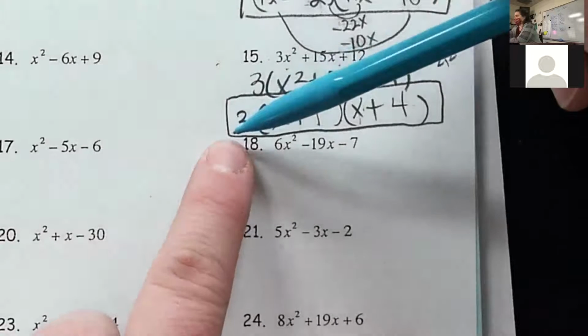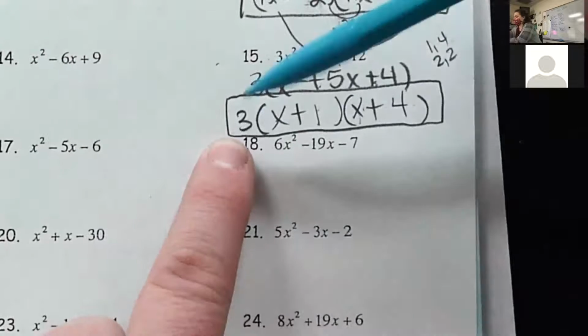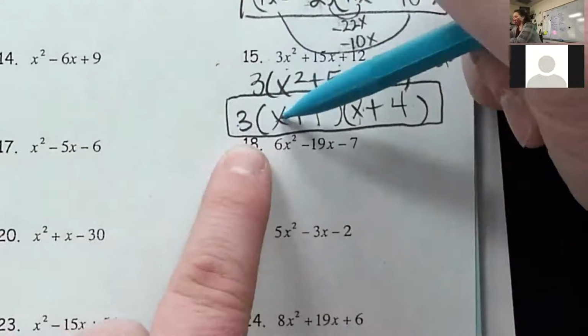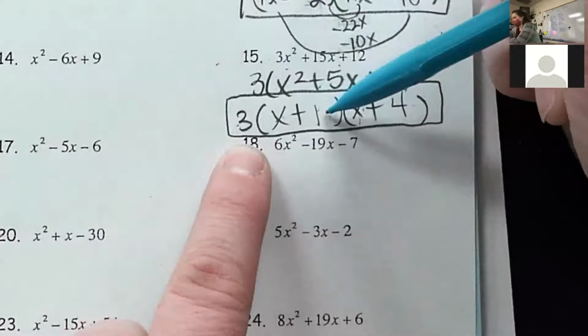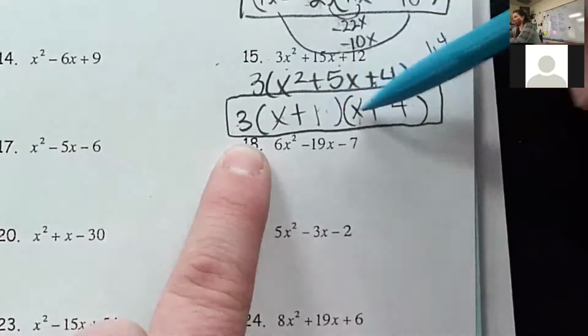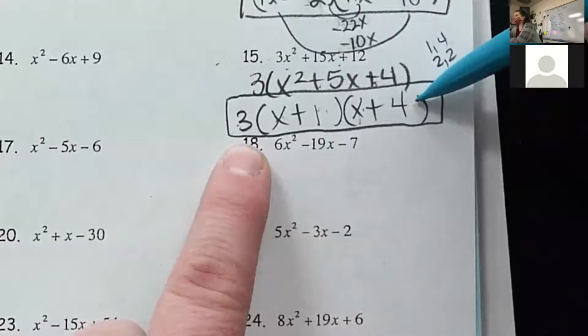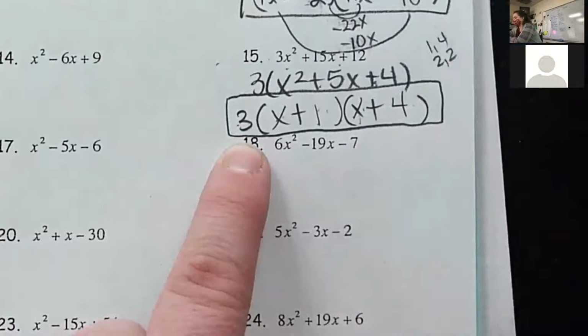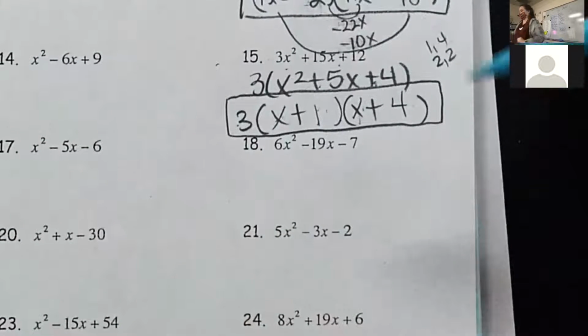So if you didn't take it out, I want you to take it out because it's gonna make your life easier, but you'd end up with 3x plus 3 here, or you'd end up with 3x plus 12. And then it would work. It still would work, it's just gonna look uglier. And it's gonna be a lot harder to find.